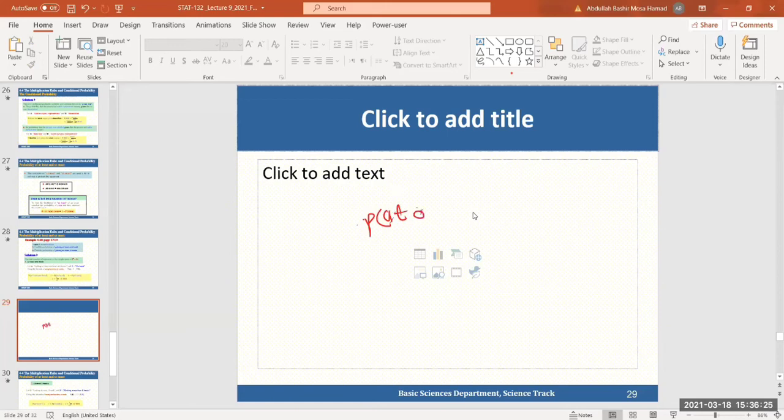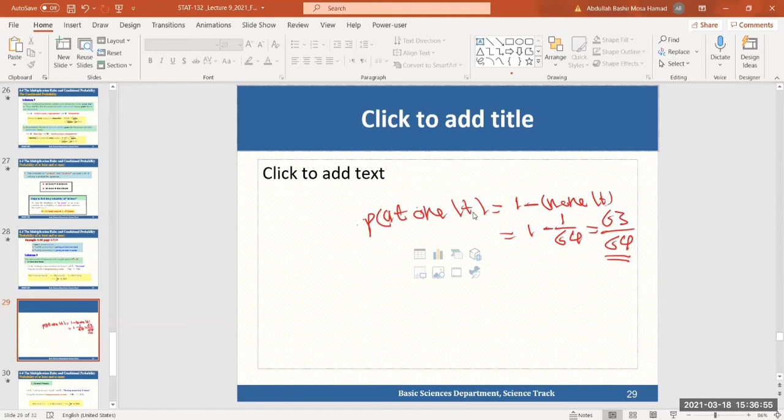At least one H is 1 minus non-H, which is 1 minus 1 over 64, which was 63 over 64, as we saw in the previous example.